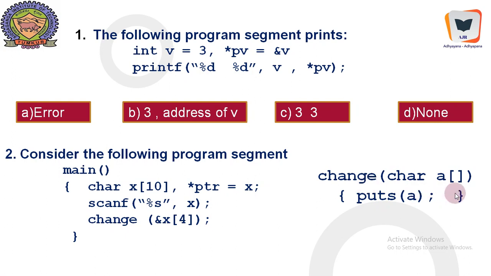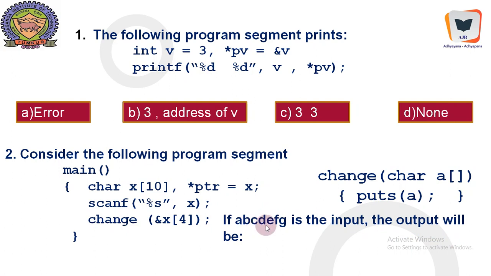Change(char *a), puts(a). Right. If a, b, c, d, e, f, g is the input, the output will be, because what comes to this is the address of the fourth cell, and we are putting the string once again from the fourth cell.